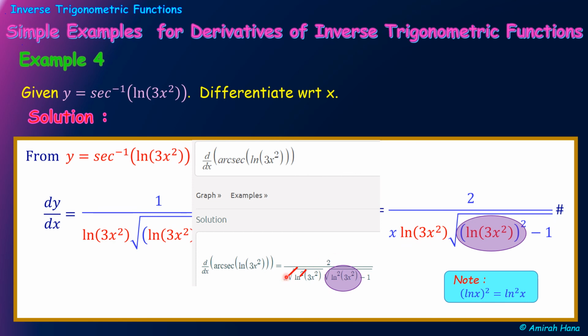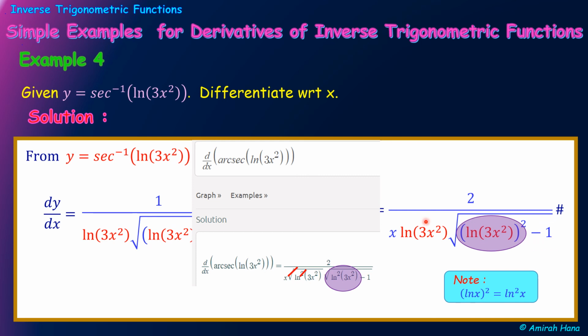From here, we can simplify squared and square root here. So after we simplify squared and square root here, we get ln 3x squared. So we have 2x, and then after we simplify ln 3x squared, these functions are equal, from this formula. Square root of, and then we have minus here and then 1.